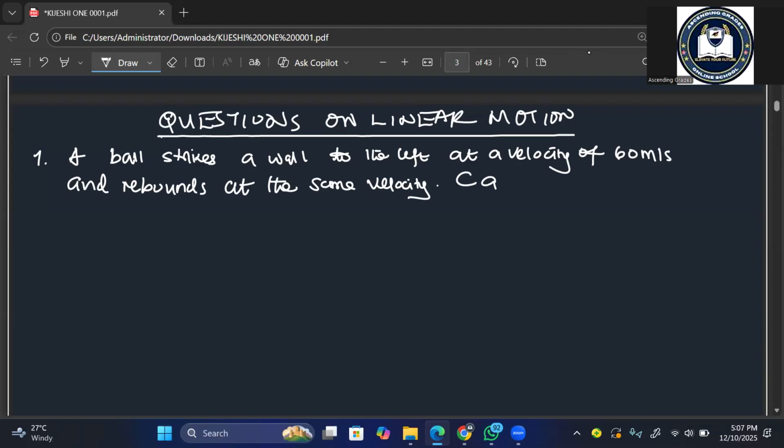Then you are told to calculate the change in velocity.